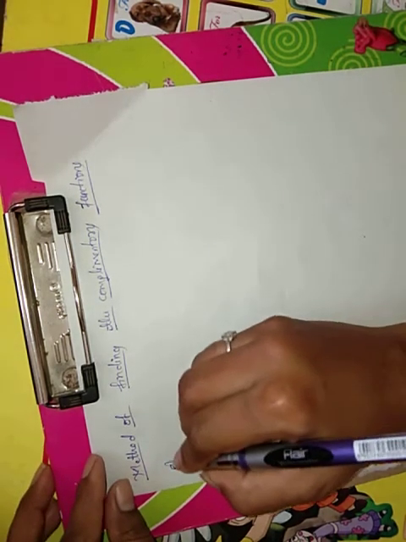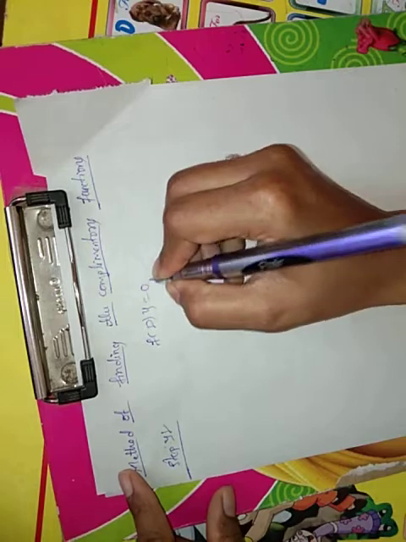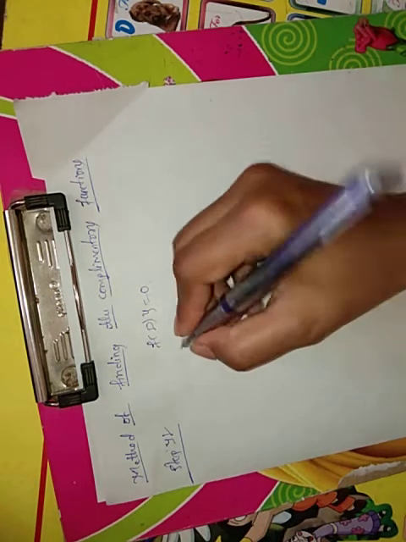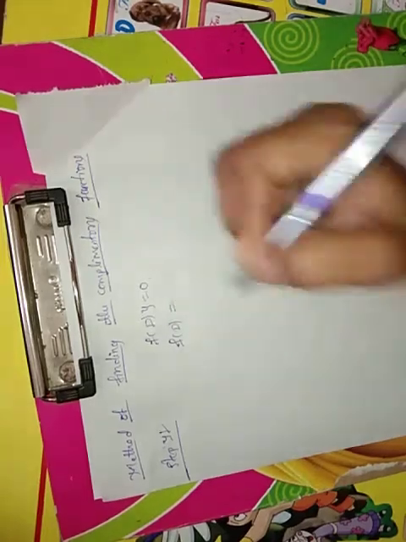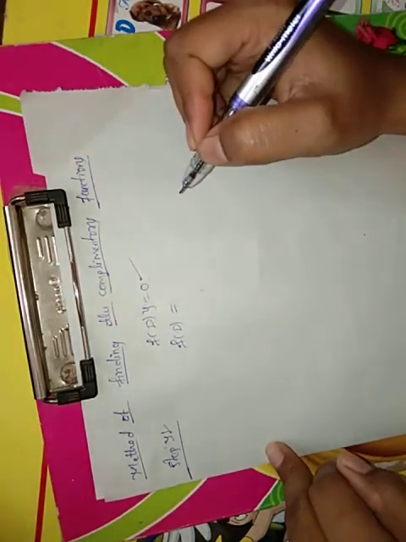When we have to find the complementary function for the given equation, the first procedure is to write the given equation in the form f of D of y equal to 0, that is, a function of D.